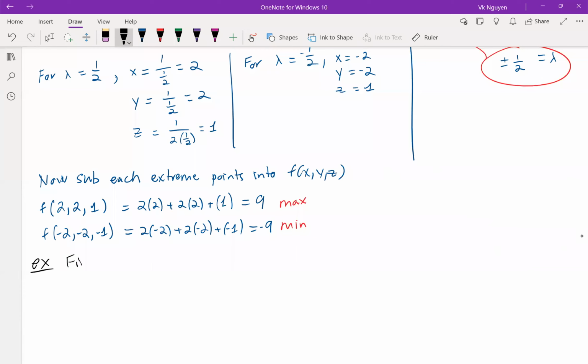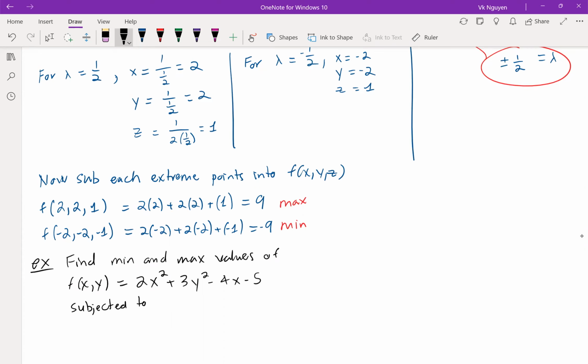Find the min and max value of f(x, y) equals 2x squared plus 3y squared minus 4x minus 5, subject to the constraint x squared plus y squared less than or equal to 10.